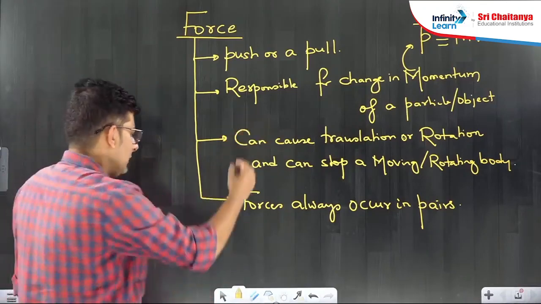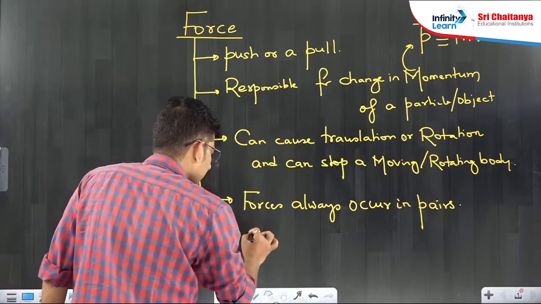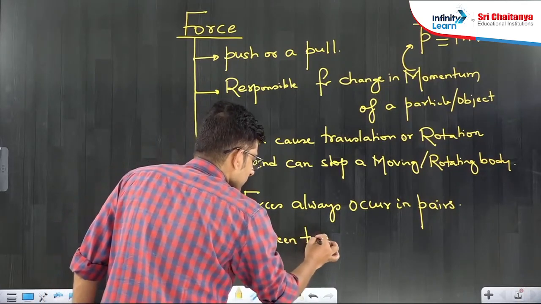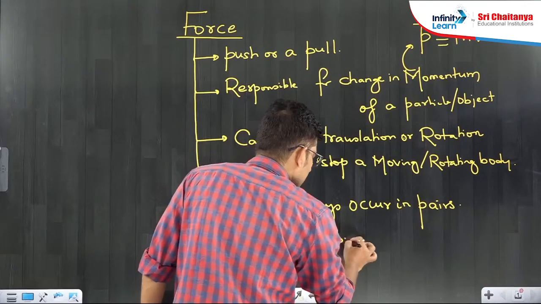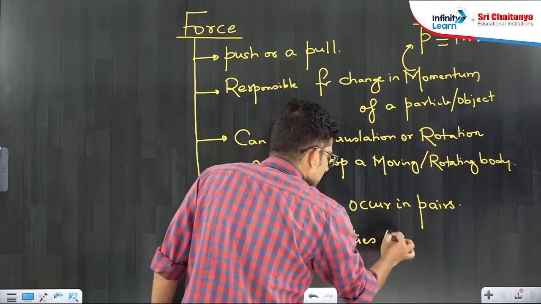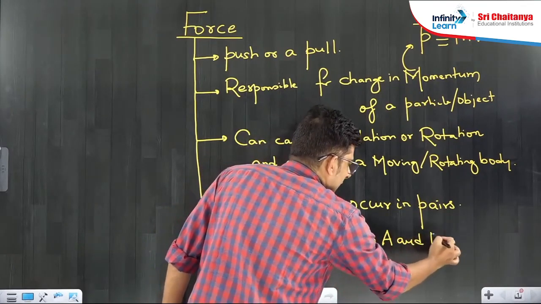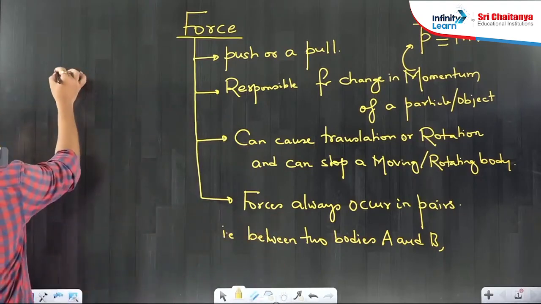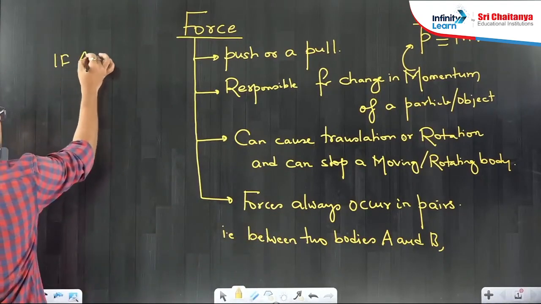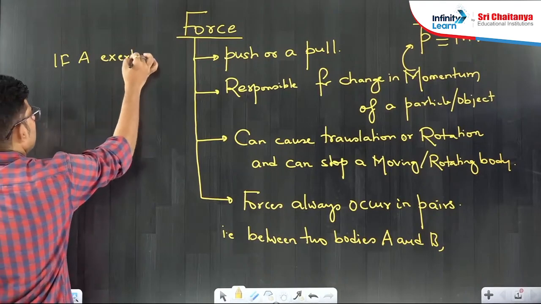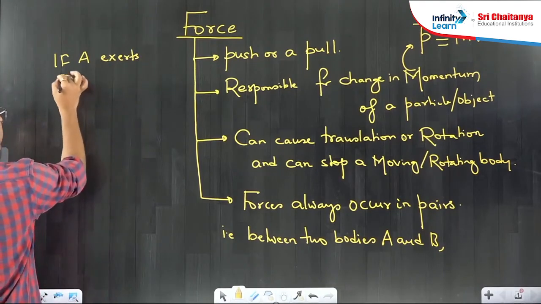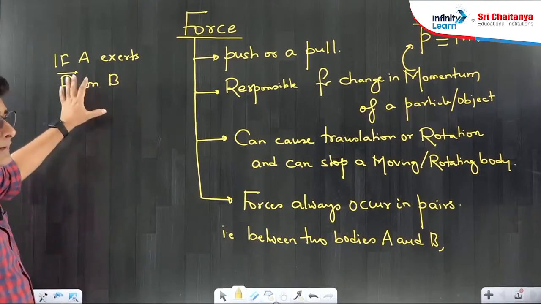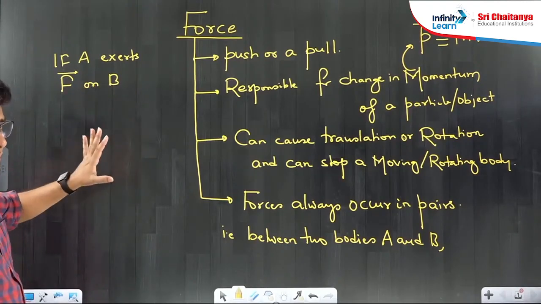What does that mean? If I take two bodies, suppose we name them A and B. If A exerts a force F vector on B, I am giving the name F to the force. Listen carefully, it is very important.